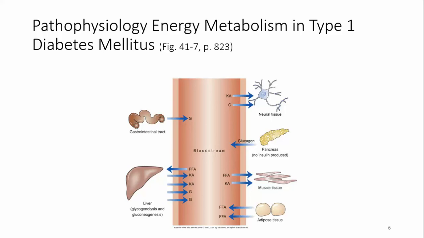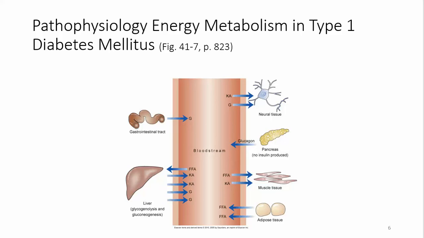We need to open a gate, open a door. Insulin is the key that opens the door. Type 1 diabetes, we've lost the key. In type 2 diabetes, the locks get changed. And I'll refer back to that analogy a number of times.